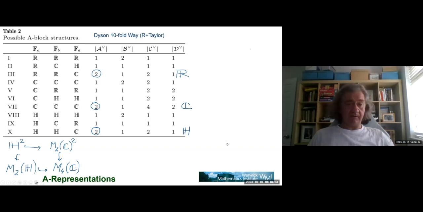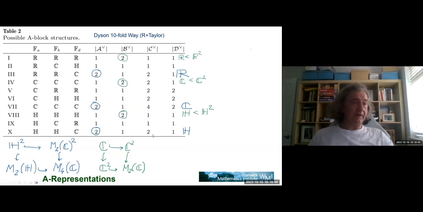So let's see what all the other ones are doing. There are 3 of them where a field sits inside the field squared as a diagonal subfield, and you can recognize them by having 2 modules here.